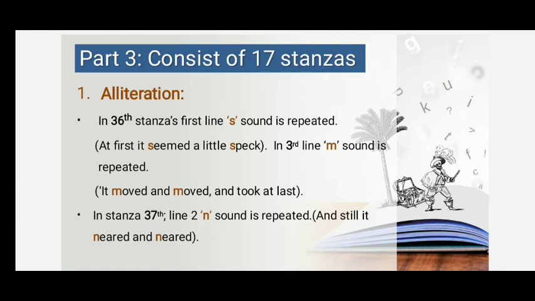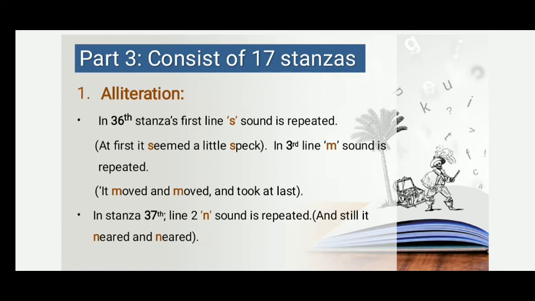First, in the 36th stanza, first line, the S sound is repeated: at first it seemed a little speck. In the third line, the M sound is repeated: it moved and took at last.